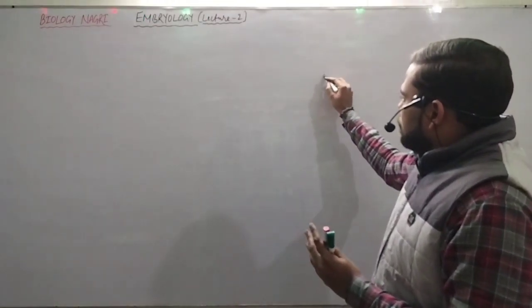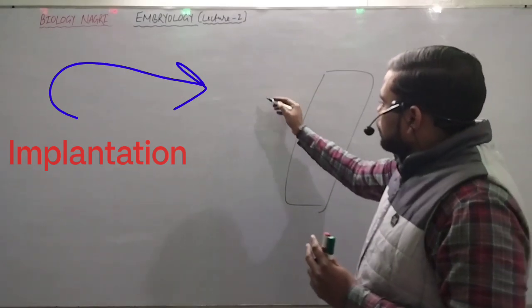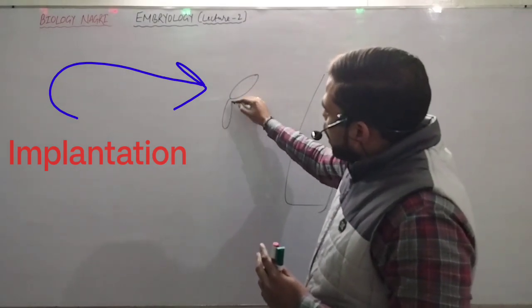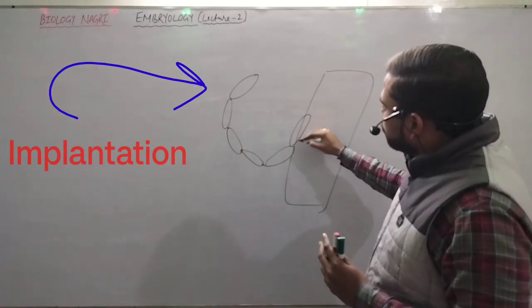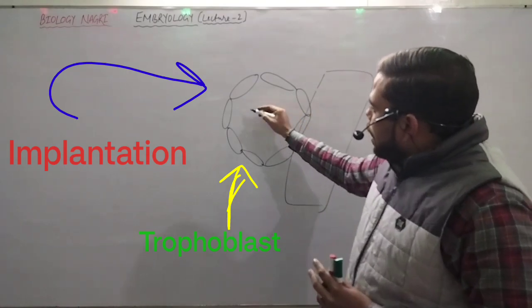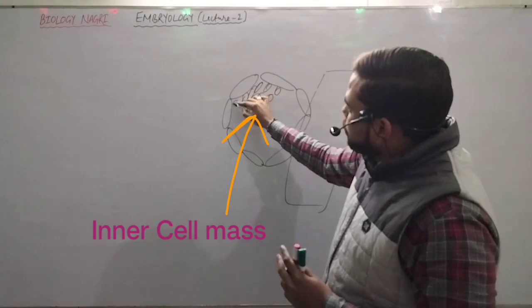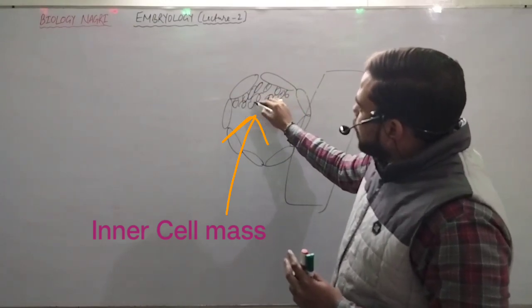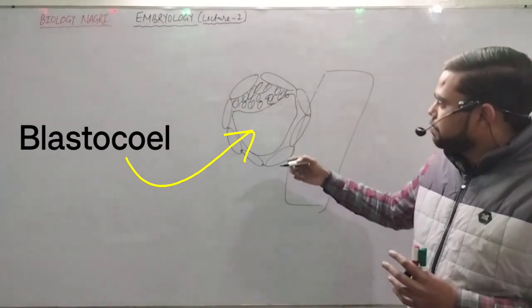See here. This is the wall of the endometrium. This was the outer cell mass, which was called the trophoblast cell. This trophoblast cell starts entering inside the wall of the endometrium, and there was an inner cell mass. This was the inner cell mass material, and this was the blastocoele cavity.